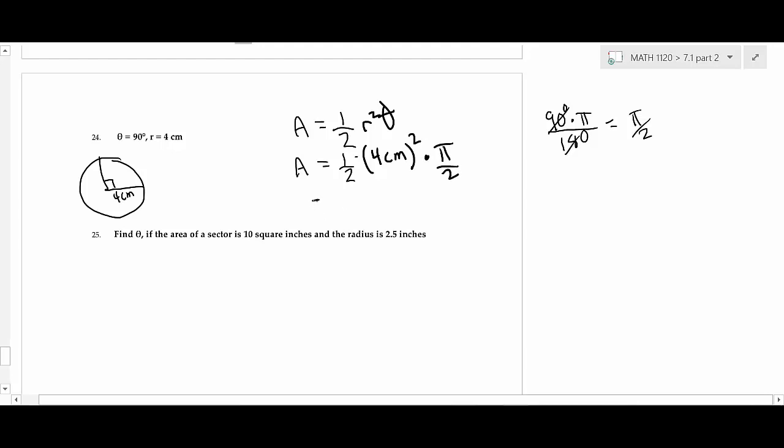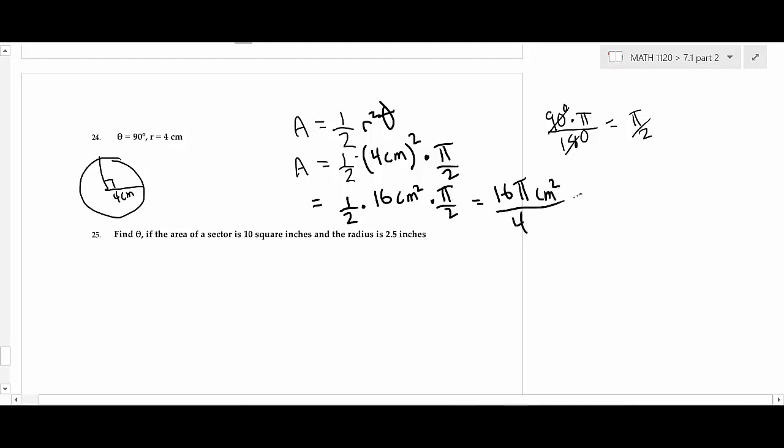Now, when you're doing your homework, sometimes on MyMathLab, they'll say leave pi in the answer, and then sometimes they'll say get a decimal and round. I'm just going to do both on this one. So that's going to be 1/2. 4 squared is 16 square centimeters. Then that's pi over 2 like that. If you multiplied straight across, you would have 16 pi square centimeters, and then 2 times 2 is 4.